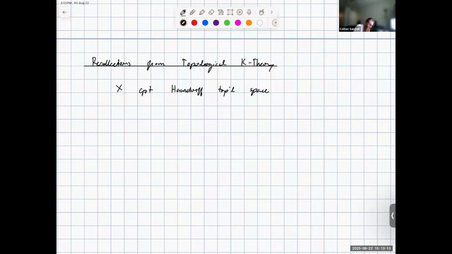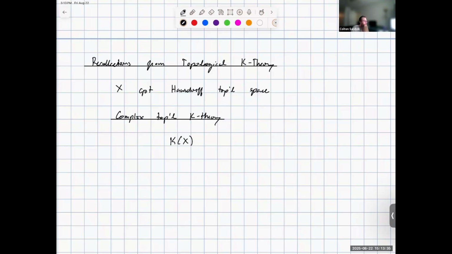I think it's perfectly fine also just to take it to be a manifold or whatever nice things you want it to be. Then the complex topological K theory is a ring that we're going to define as follows.